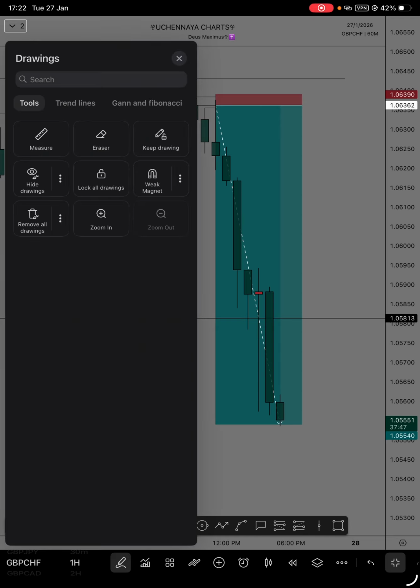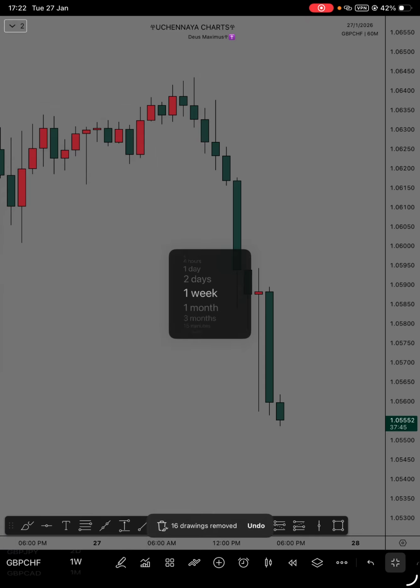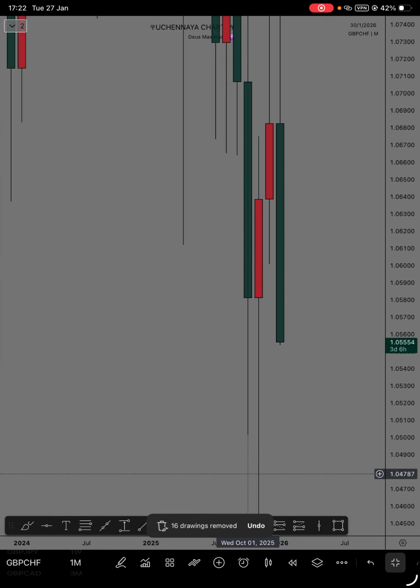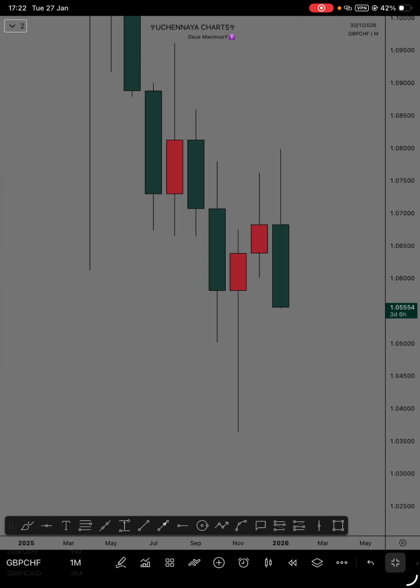Alright, this trade actually came. I went all the way to the monthly time frame, and on the monthly, I can see that the monthly has been very bearish.